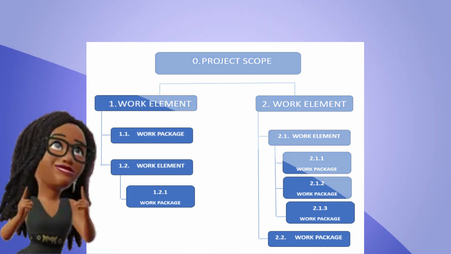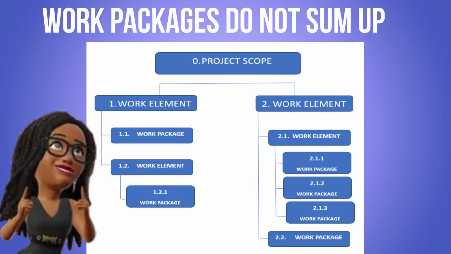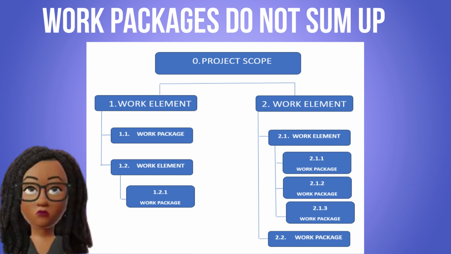Telltale sign number 2. Work packages do not sum up to their parent work element. The WBS decomposition exercise is done in such a way that when a parent work element is broken down into child work packages, those work packages should represent all the work and deliverables associated with the parent work element.